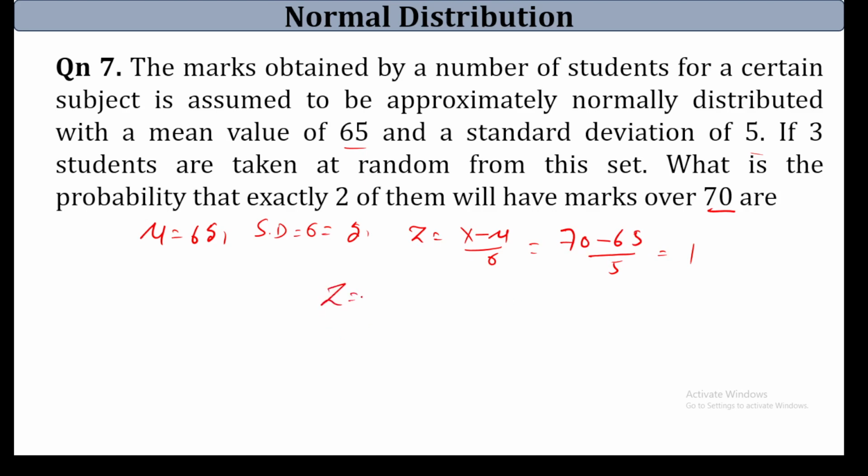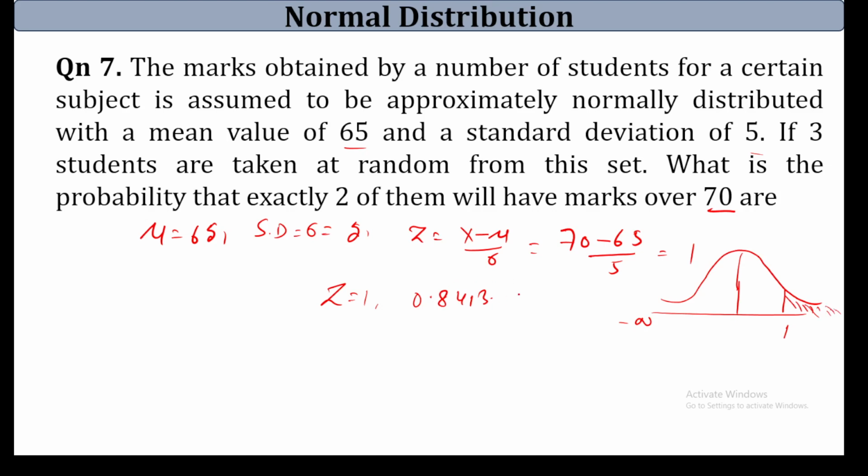For Z equal to 1, we have the value 0.8413. If we go to the table, Z equal to 1 covers all the population from minus infinity up to 1.